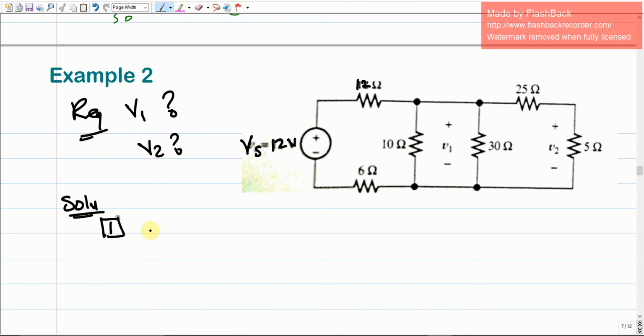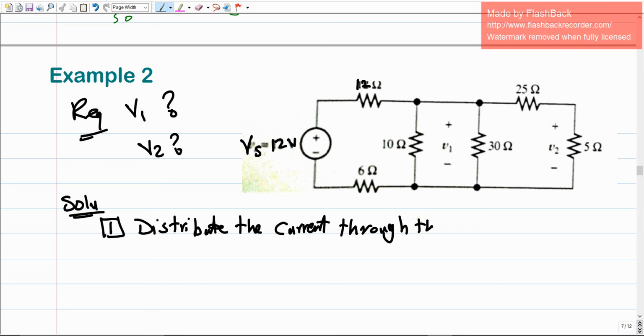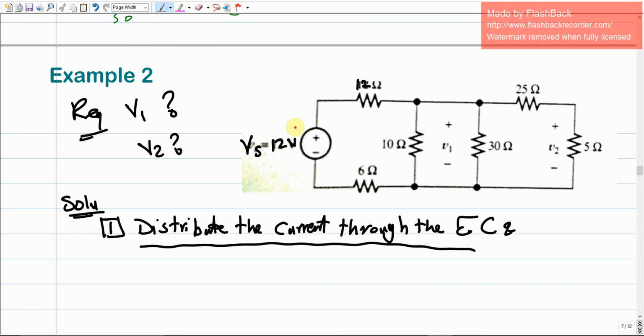The first step is just to distribute the current through the electrical circuit. We're going to start from the source as usual, which is the voltage source.